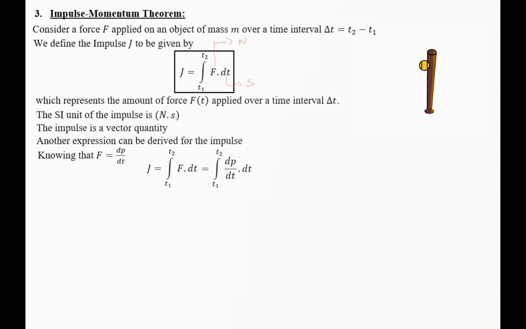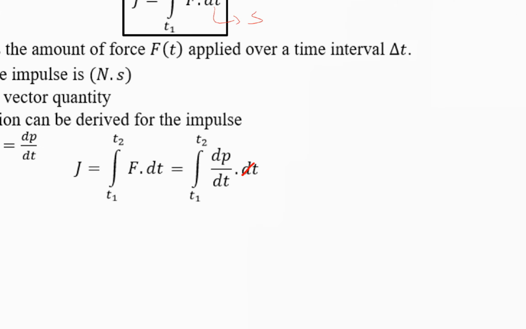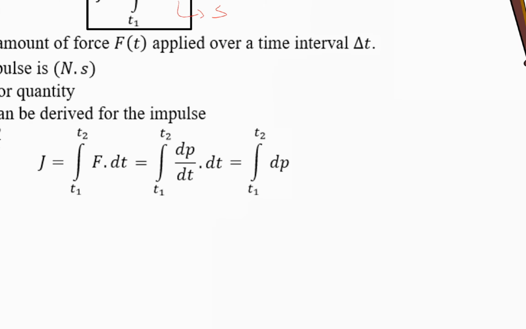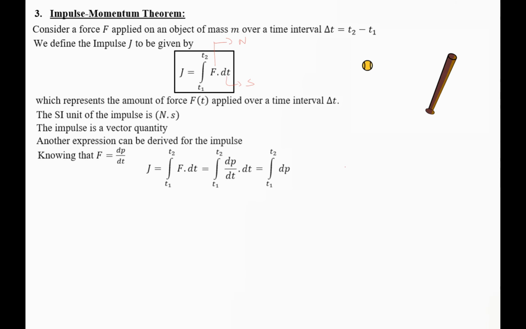Now here in this case, this can be utilized as a fraction, so then dt with dt they cancel, and we're left with the integral of dp from t1 to t2, and that would be simply delta p, which is basically p2 computed at the instant t2 minus p1 computed at the instant t1.